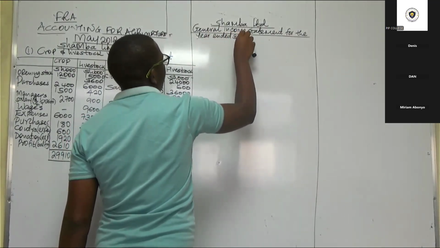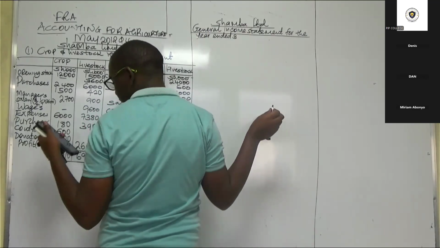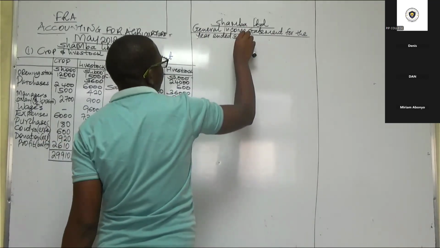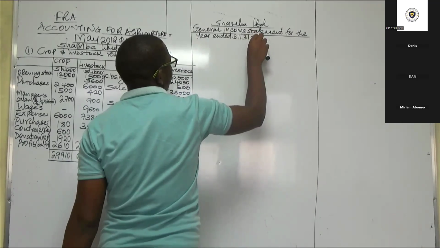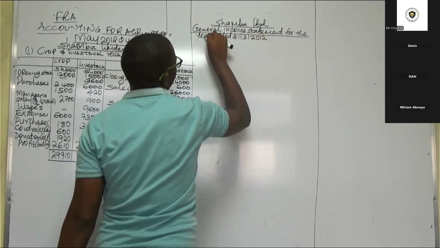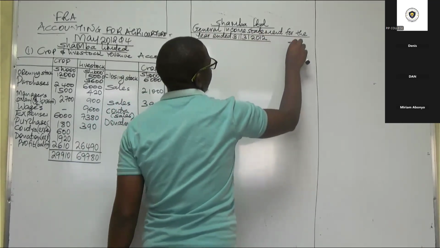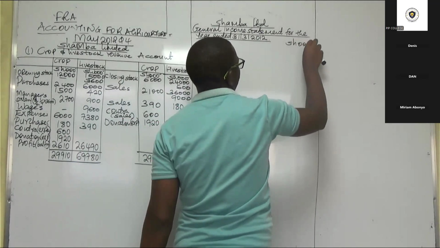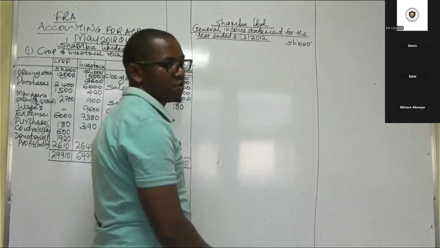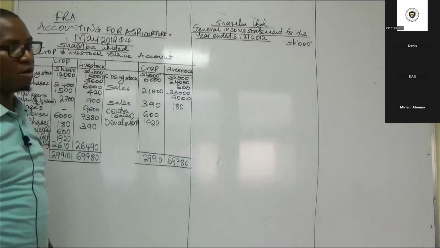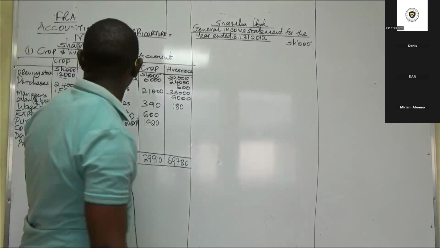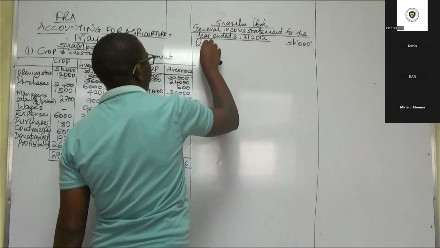This should be 31st March 2012. So shillings are in thousands. Shillings are in thousands. So we begin from the revenue.